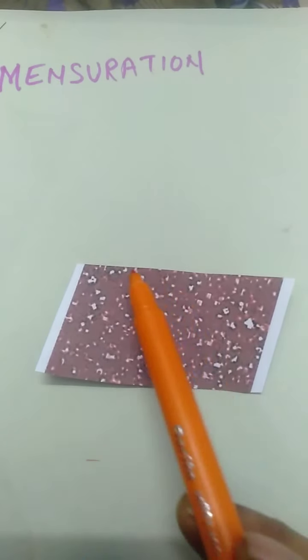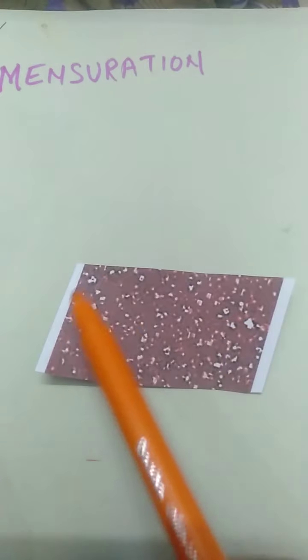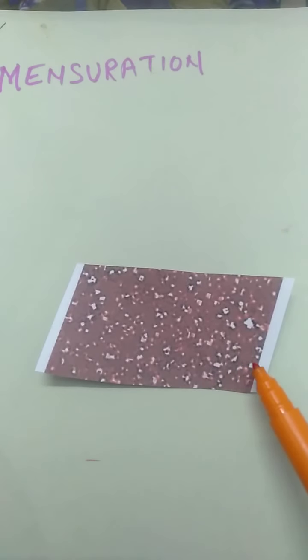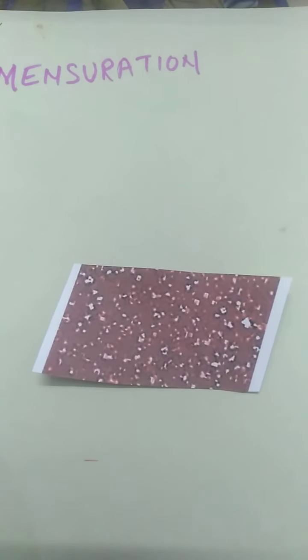Two times the length is added and two times the breadth is added. So we have the same formula for the perimeter of a parallelogram as that for the rectangle. After this perimeter, we'll read about how to find the area.